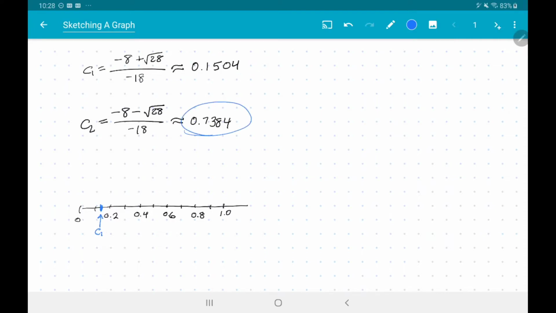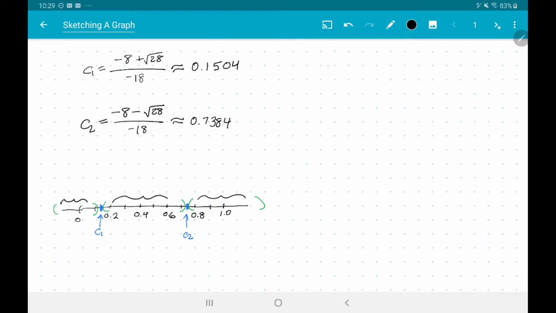C2 is about 0.73, so that's about here. That gives us 3 intervals because we cut the real line at each of those critical numbers. Remember that the real line keeps going. The domain of a polynomial is the entire real line. We have 3 intervals to test.